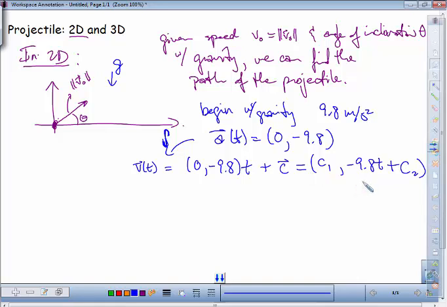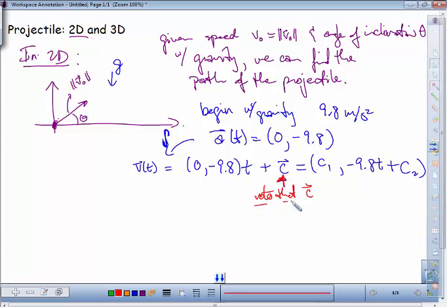This vector, if we remember back in Calc 2 when we did some integrals from acceleration to velocity to position, the constant vector c that comes out of there happens to be your initial velocity.